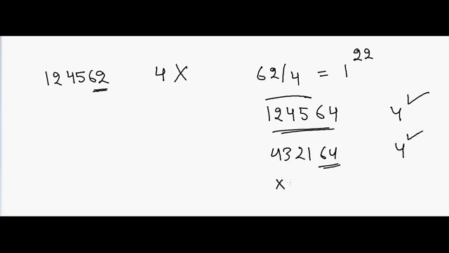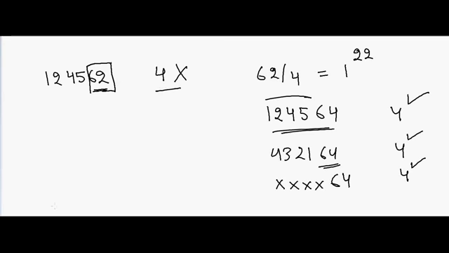Or I can write x x x x and 64, then this number should also be divisible by 4. So I have to look for the last 2 digits to check if the number is divisible by 4 or not. In this case it is not.